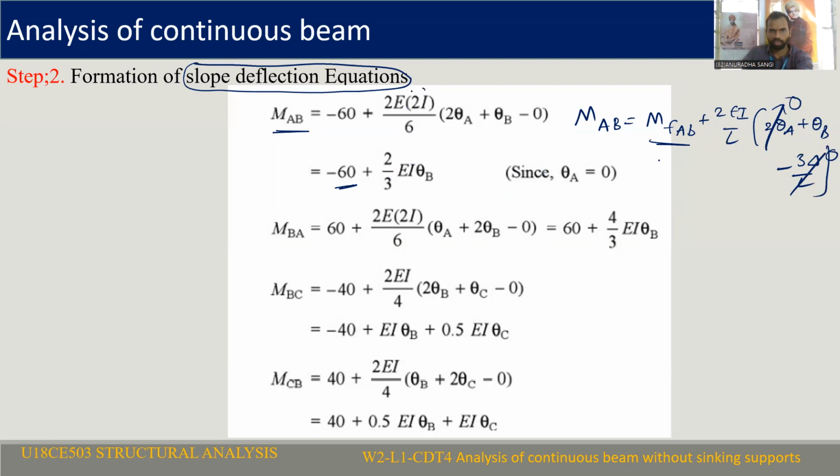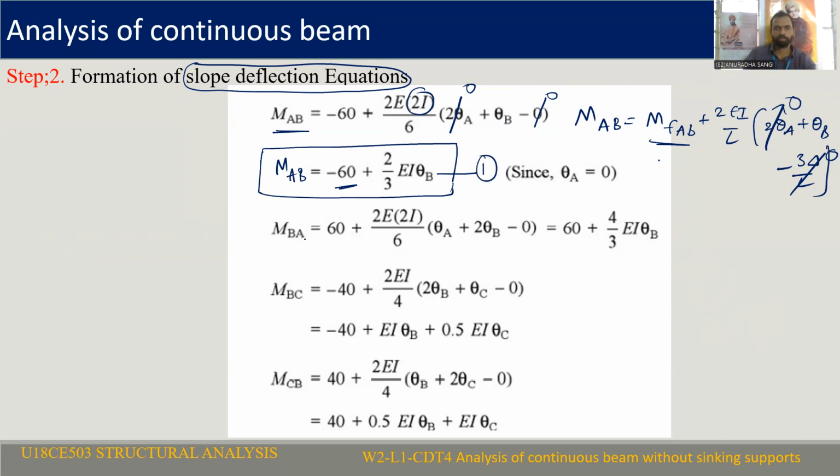In place of I, you substitute 2I, because the first span moment of inertia is 2I. Theta B is there, and delta is 0. So the final moment MAB will be equal to minus 60 plus 2 by 3 EI theta B. Consider this equation number 1.